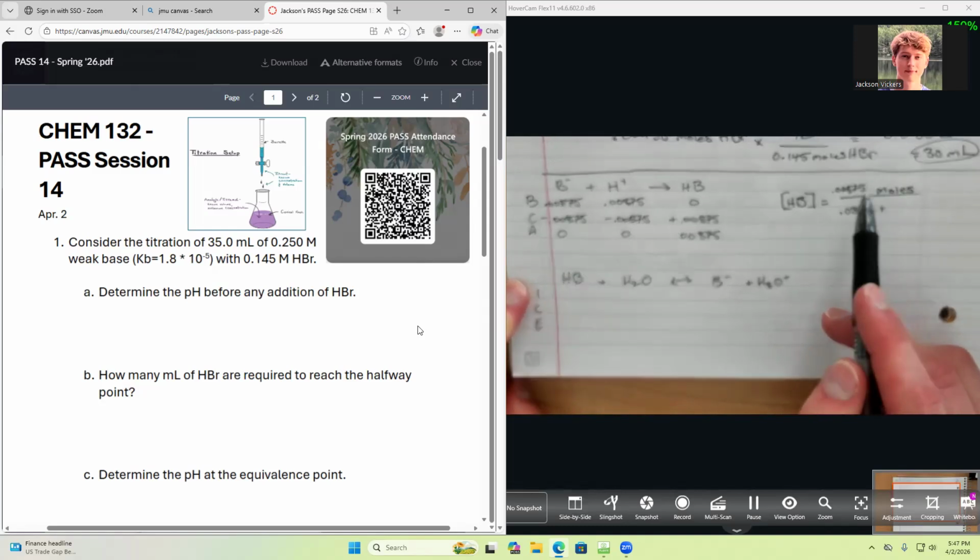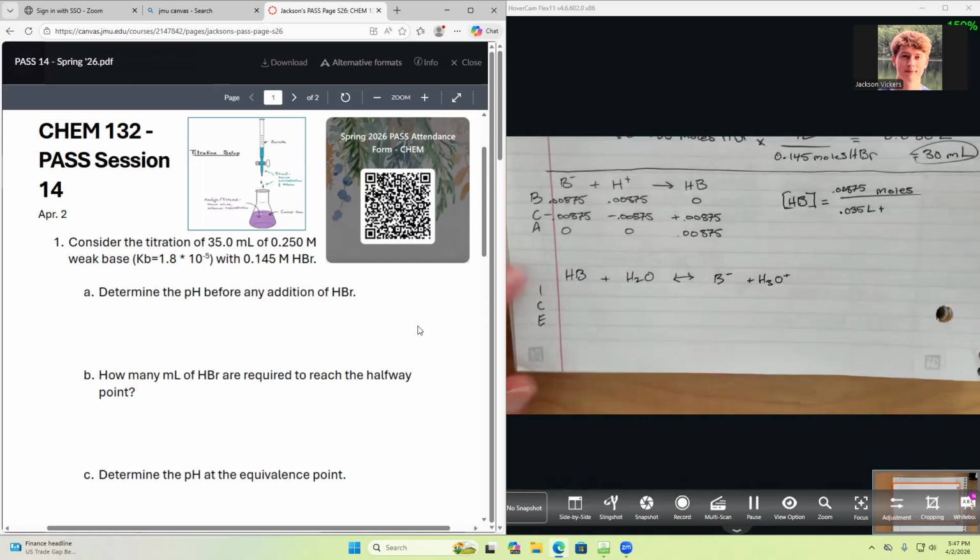So we know the numerator is moles, so we already have that, but we need to find the total volume, right? Because it's moles over liters of the solution. So we've reacted away all of our starting weak base, so we know, if nothing else, there's at least 35 milliliters in here, right? But now we need to find out how many liters or milliliters of that bromic acid did we have to add.